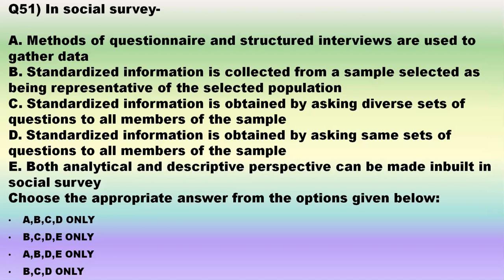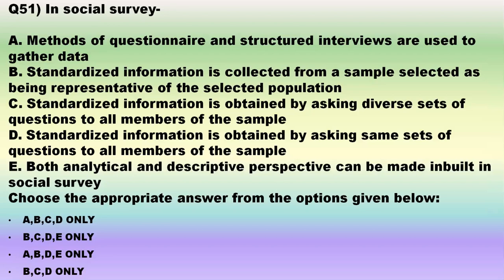Then C says that standardized information is obtained by us through diverse sets of questions. Number D says standardized information is obtained by asking same sets of questions. And finally, E says both analytical and descriptive perspective can be inbuilt in social survey.